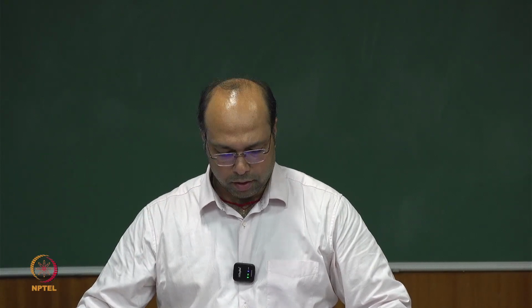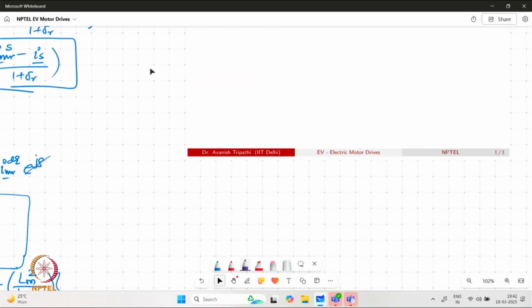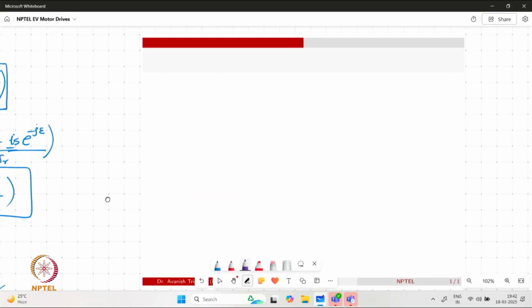So going ahead, let us try to draw the block diagram for this machine. So we have the D-axis voltage generated from the inverter, and there are a couple of terms which are getting subtracted.